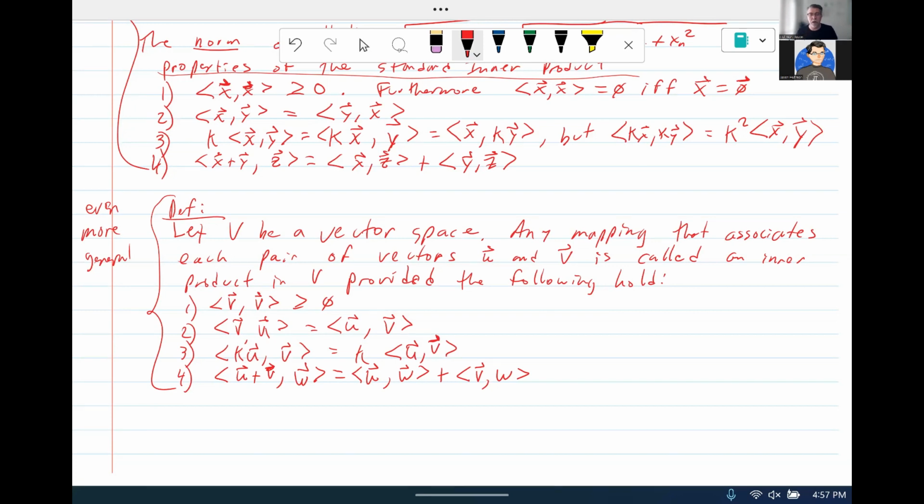Now we're saying that if these properties hold, then we're going to call it an inner product.